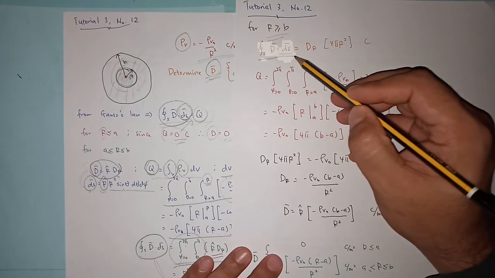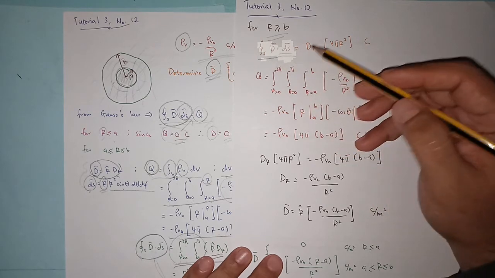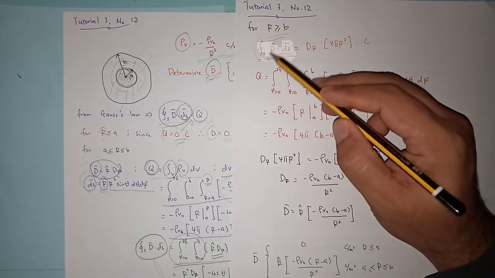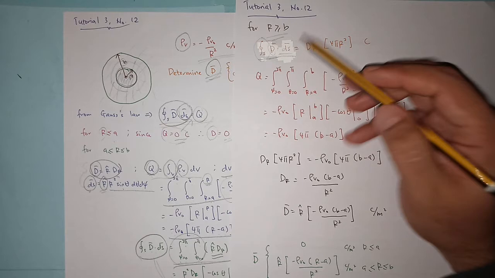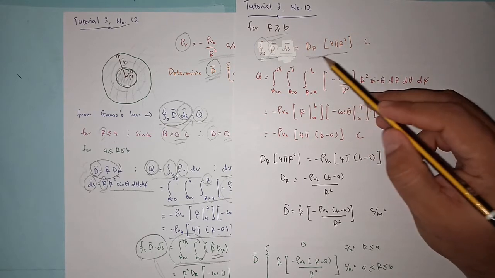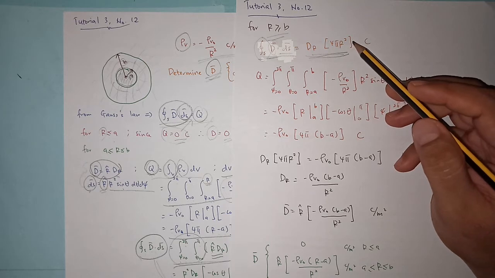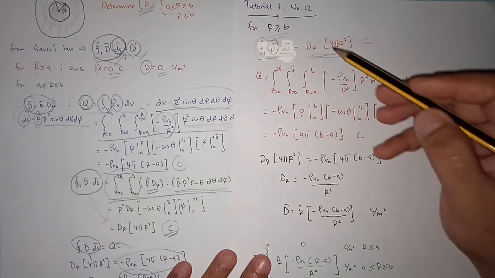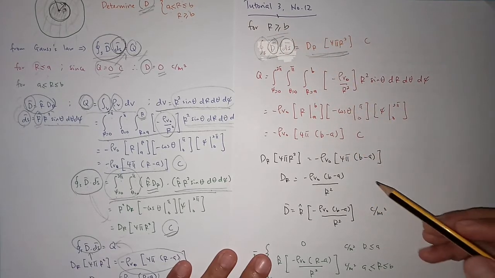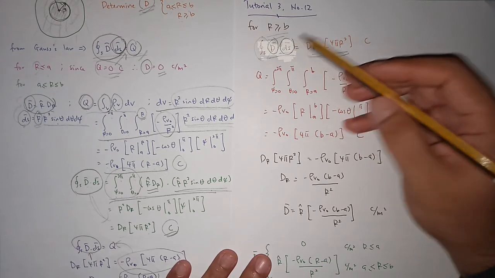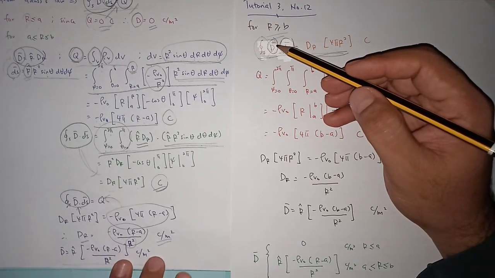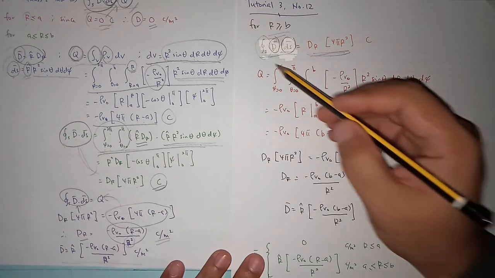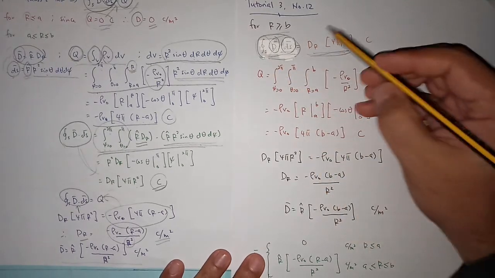Because we have the same value for the flux density, this is the closed integration of the surface, the vector D dot dS, so we will have the same expression as previously, because we have the same general expression for this vector as well as this vector, and we also have the same limits for this integration as we used just now. That's why the solution for this part of Gauss's law will be the same expression as before.